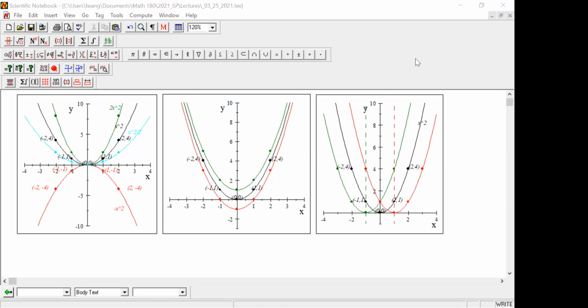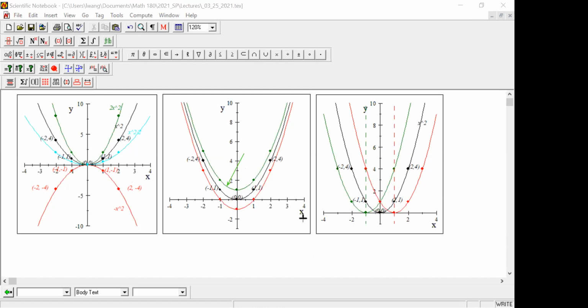And it's interesting to point out that in the middle, this green has no x-intercept. Did you guys notice? The red here has an x-intercept, but the green has no x-intercepts. And all 3 here on this picture have x-intercepts, but they all vary. Sometimes you have, sometimes you don't.